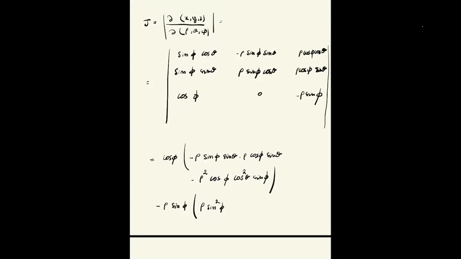Rho squared sine phi squared cos theta squared plus rho sine square of phi sine theta square. Now the thing is, there will be a lot of thetas and phis, and there will be a lot of cancellations.